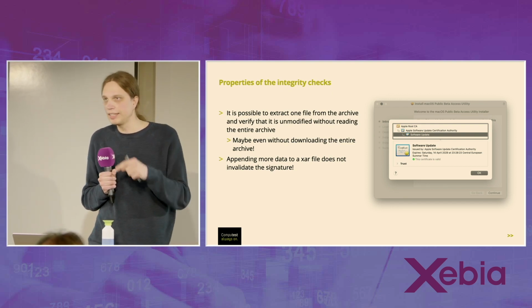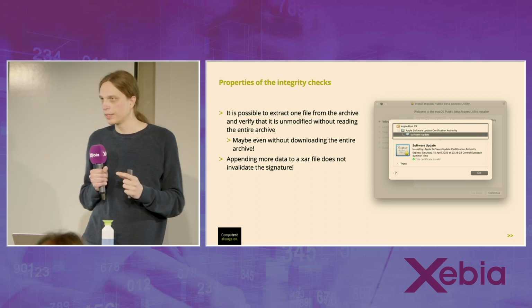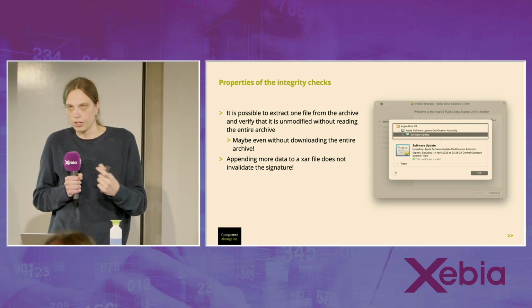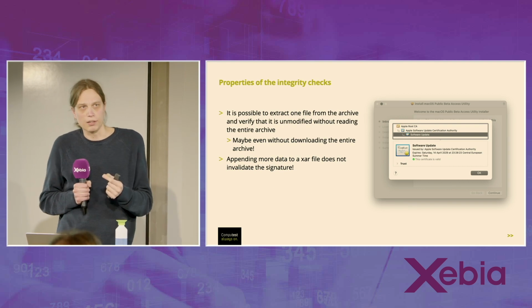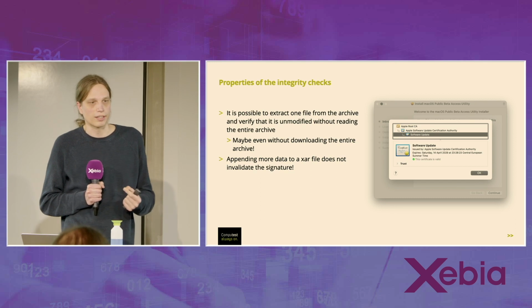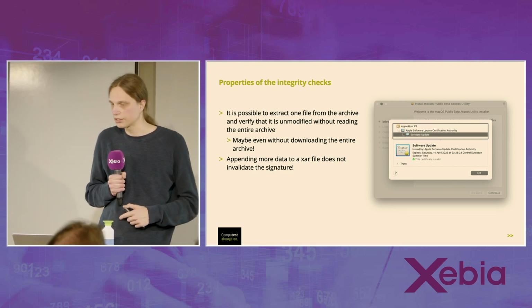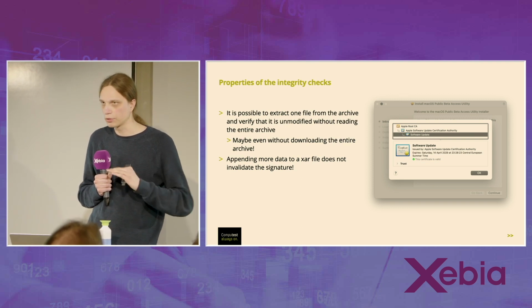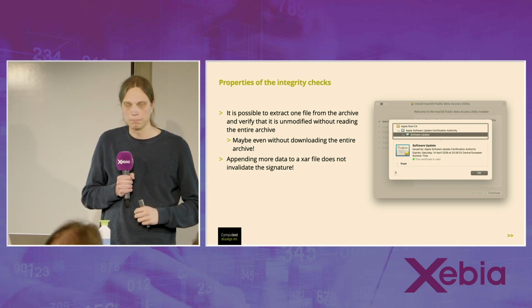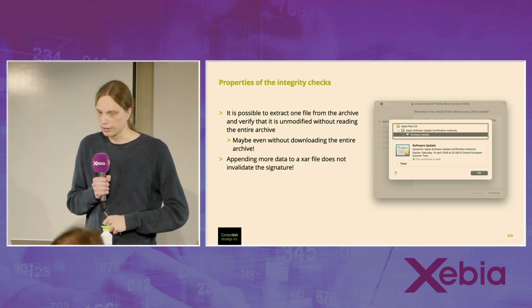But in that case, you really need to read the entire zip file and only then can you compare the hash. But in this case, if you have a XAR file, you can just take one file out of it and verify that that one is correct. You don't need to read the entire archive. Maybe you don't even need to download the entire archive. I think there's some stuff in Apple's software update part that maybe doesn't even need to download the entire thing before it starts processing the files.